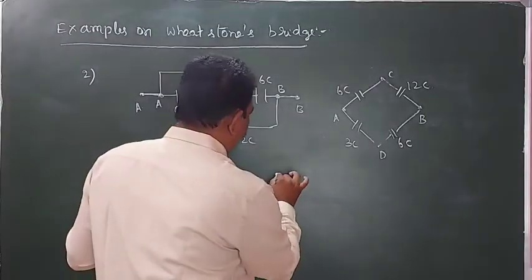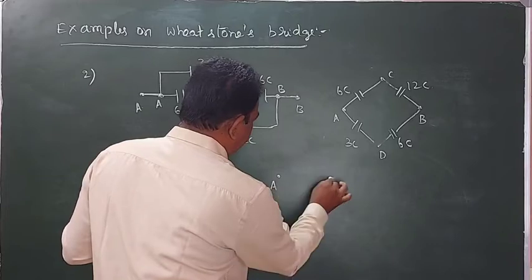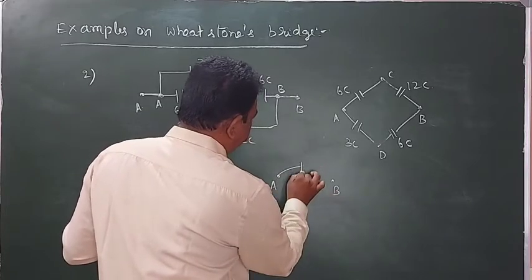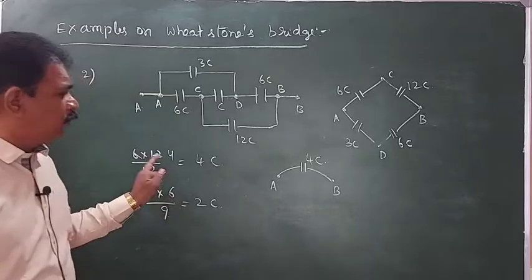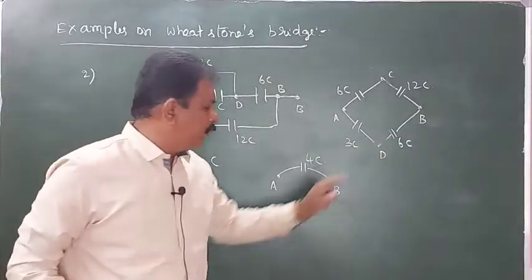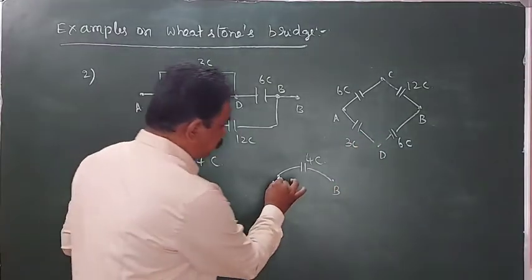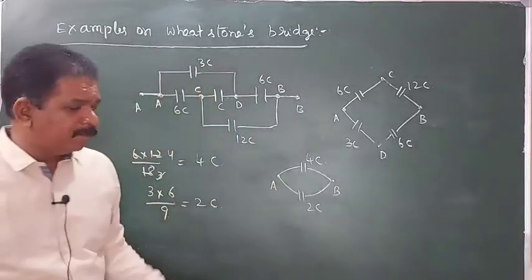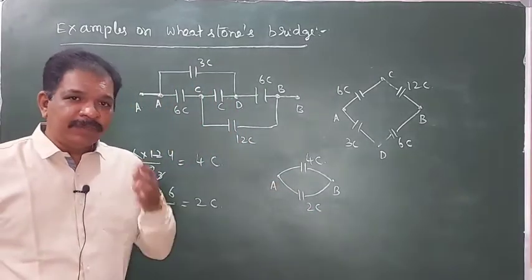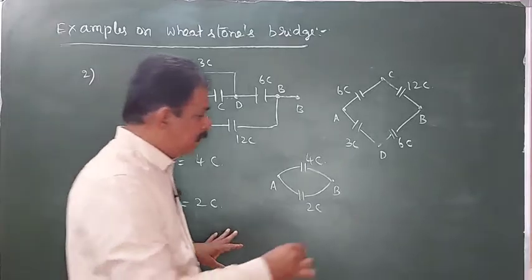So here we can write here A, here B. By removing this, we can replace a capacitor of 4C. By removing this, we can replace a capacitor of capacitance 2C. Again, these two will be in parallel.